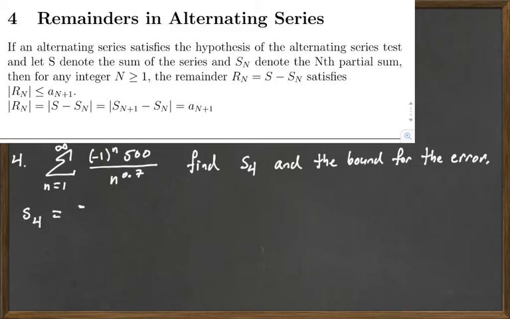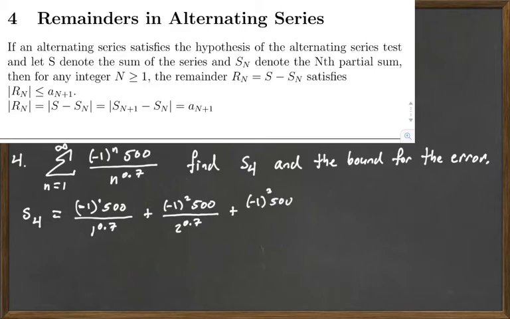So S4 is equal to negative 1 to the first times 500 over 1 to the 0.7 plus negative 1 squared times 500 divided by 2 to the 0.7 plus negative 1 to the third power times 500 over 3 to the 0.7 plus negative 1 to the fourth power times 500 all over 4 raised to the 0.7th power.